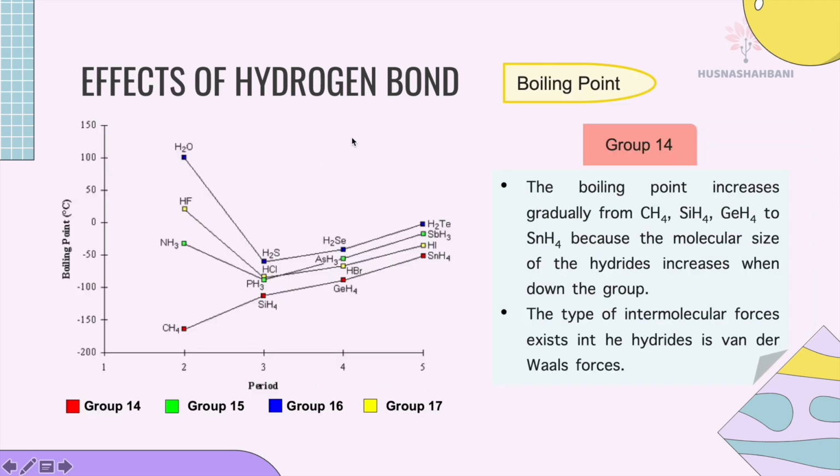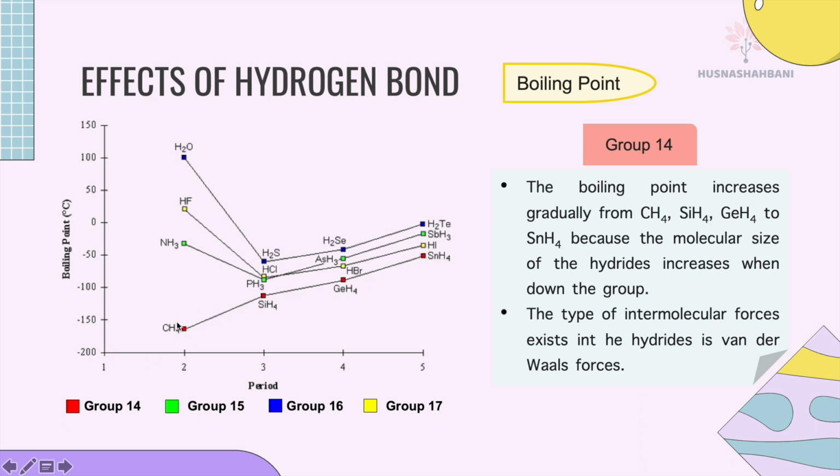Effects of hydrogen bond on boiling point. We focus on group 14, 15, 16 and 17. So I'm going to explain first for group 14. We look at CH4, SiH4, GeH4 and SnH4.